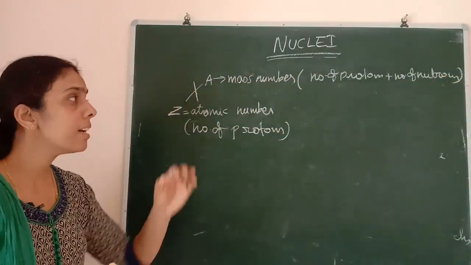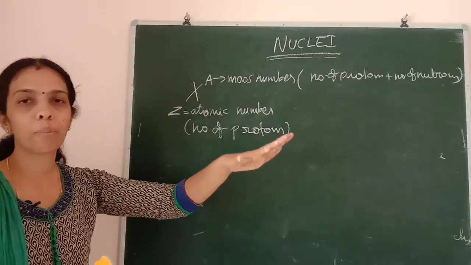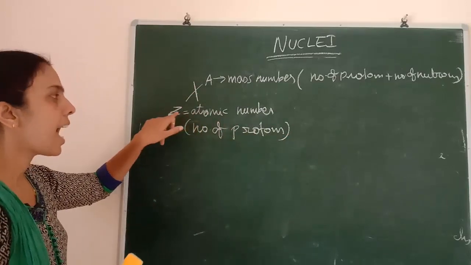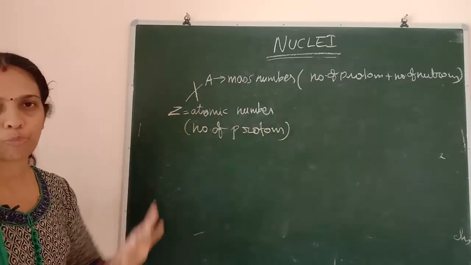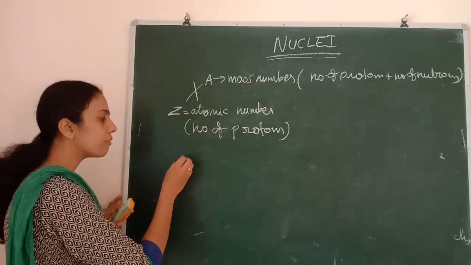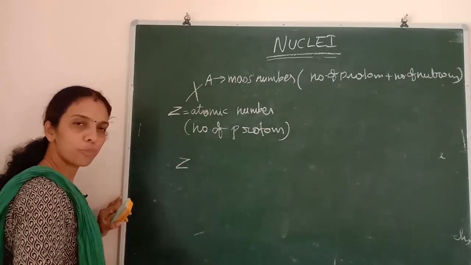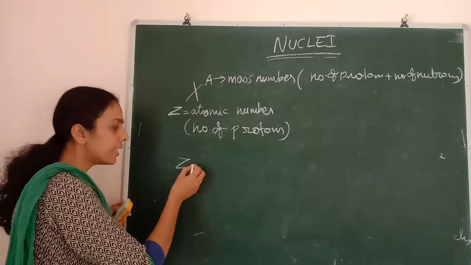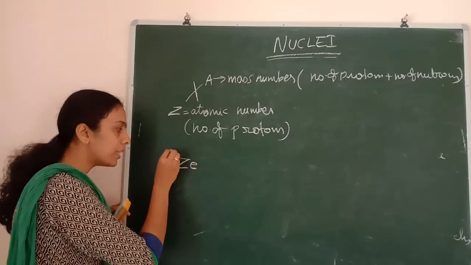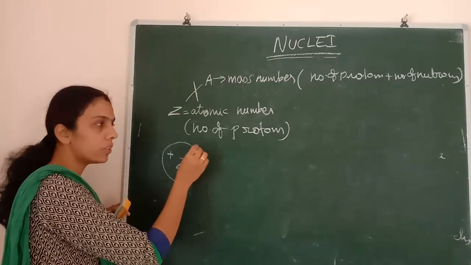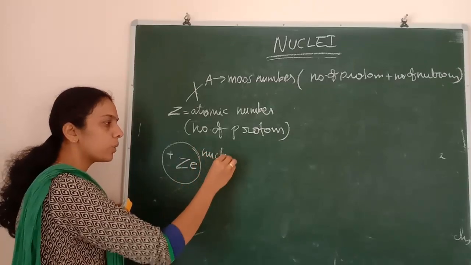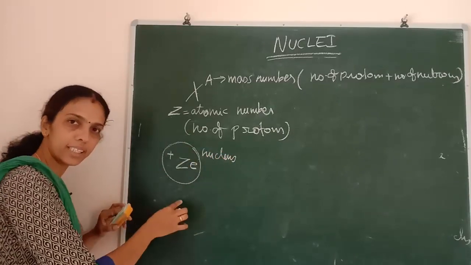Mass number is the number of protons plus the number of neutrons. If Z is the number of protons inside a nucleus, then plus Ze will be the total charge of the nucleus.